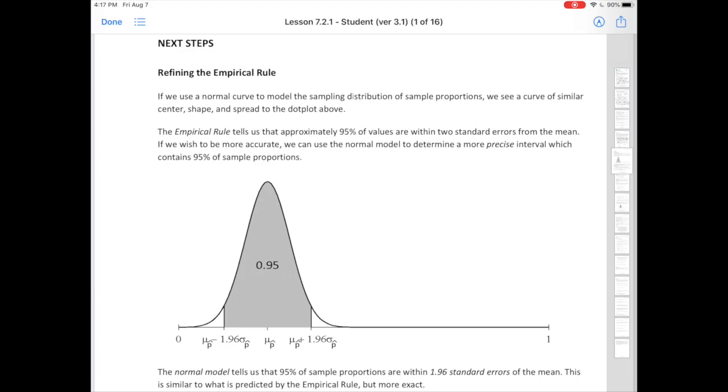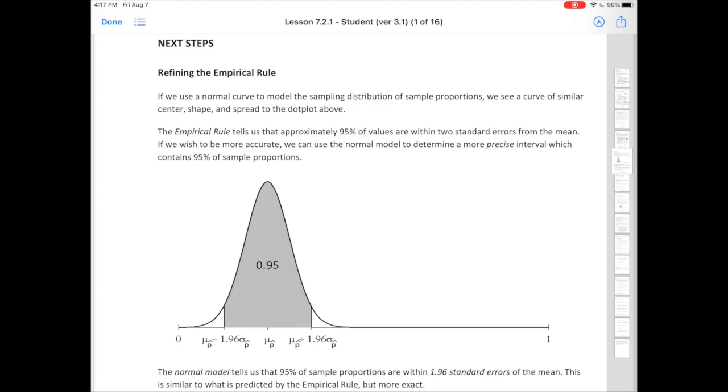The empirical rule tells us that approximately 95% of values are within 2 standard errors from the mean. If we wish to be more accurate, we can use the normal model to determine a more precise interval which contains 95% of sample proportions.